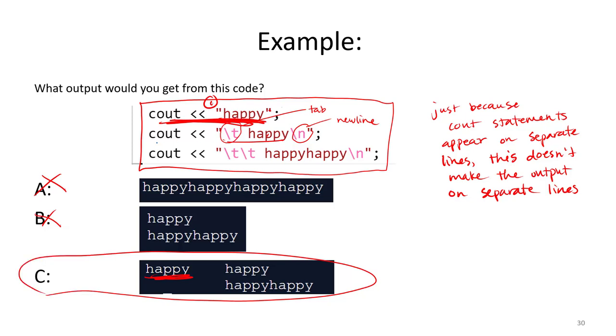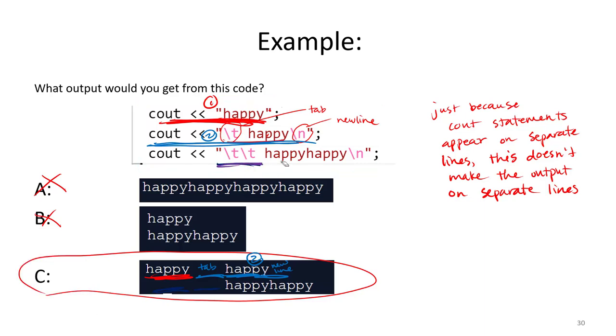Then our next statement has a tab, and then another happy, and then a new line. So this is our second cout statement. Finally, our third cout statement is two tabs. So 1, 2, let's use a brighter color, and we see that there are two tabs.